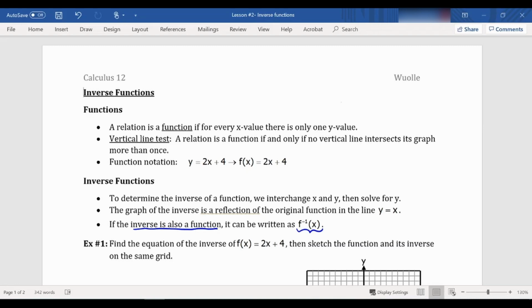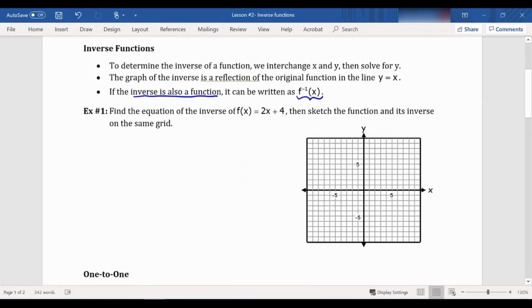If we had the graph of an original function, the inverse would be essentially all the coordinates of the points swapped. So all of our x, y values would be swapped. If we look at this on a grid, what that would look like is a reflection across the line y equals x.